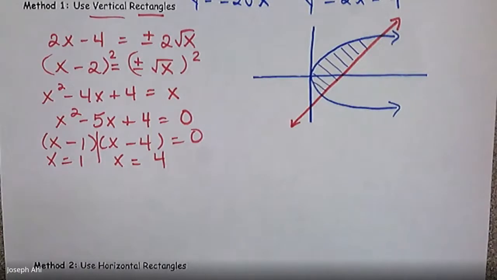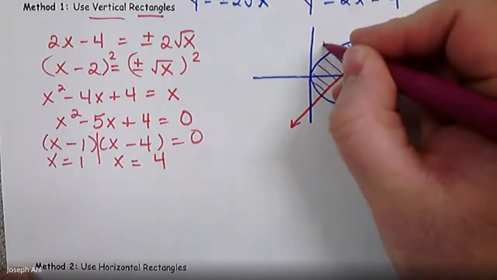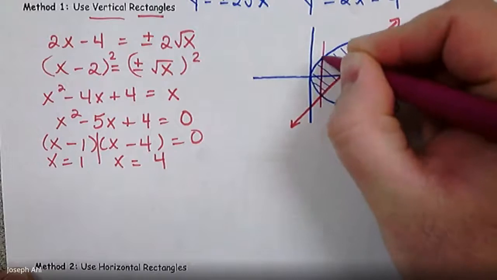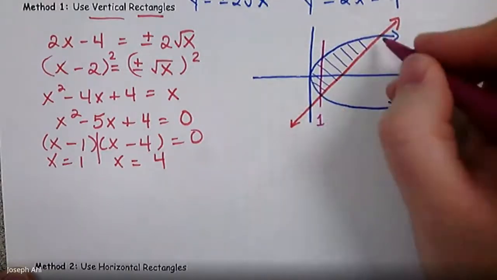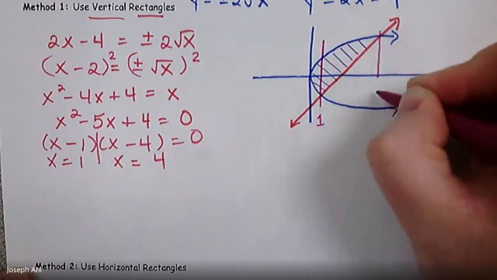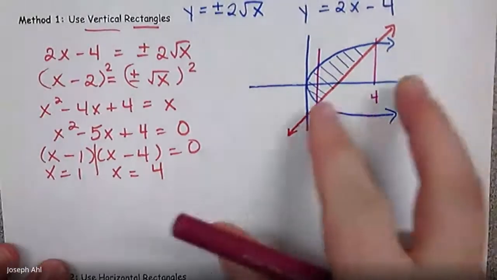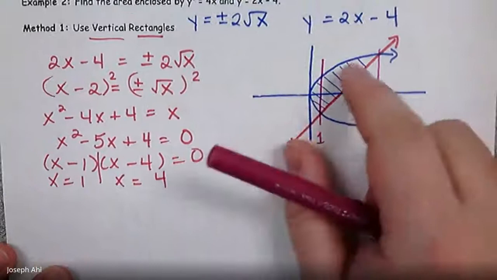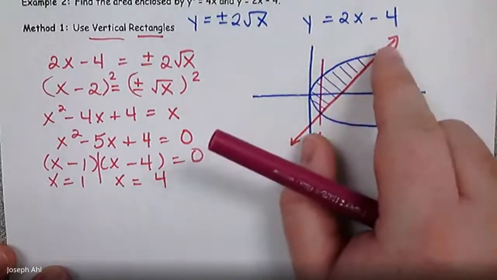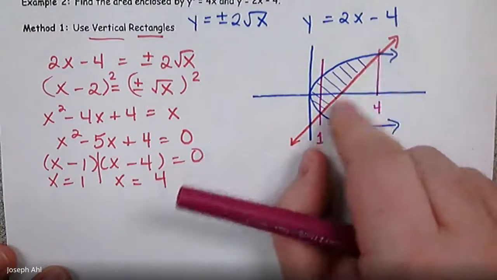So we know that this right here is at x equals 1, and this other point here is x equals 4. If I want to find the area from 1 to 4, it's definitely this top blue function minus the red function.